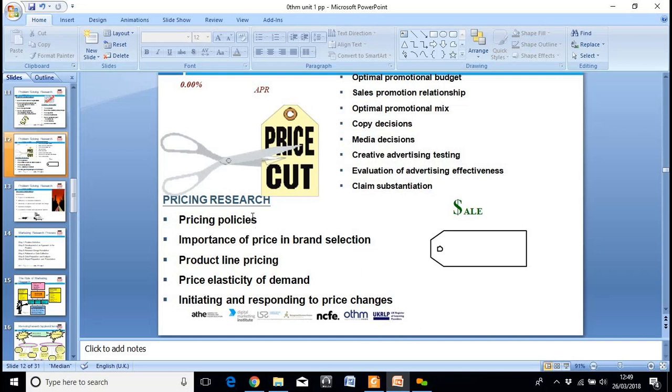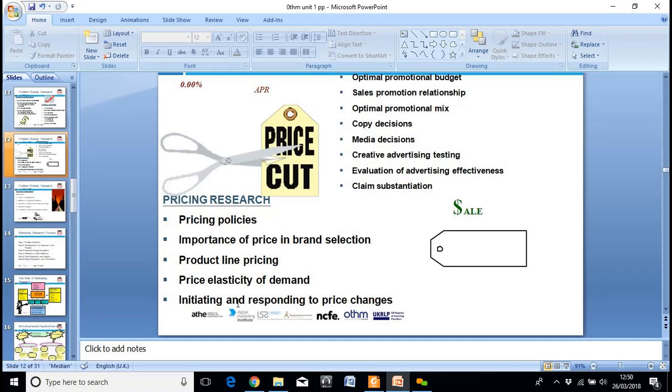The pricing policy will determine what the initial figure is that they put in, but that will have a huge margin on it. And if it sells at that price, fine, great. If it doesn't, it gives them the option of bringing that price down, or product line pricing, yeah.